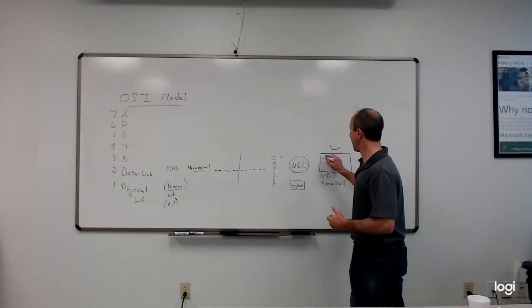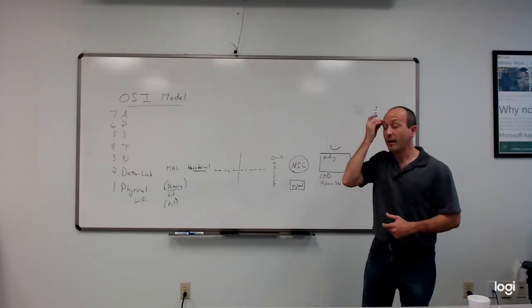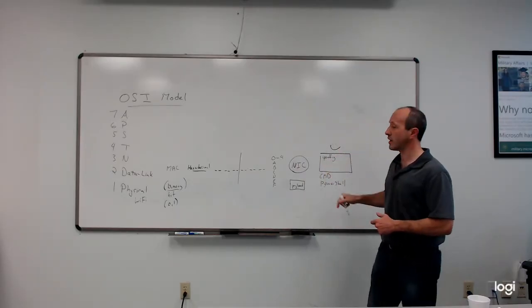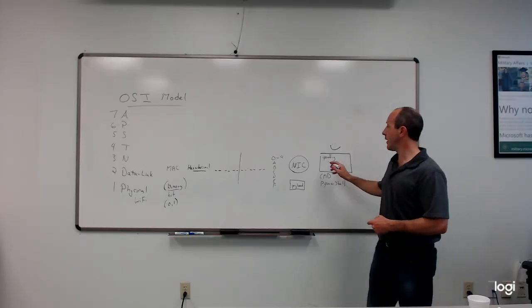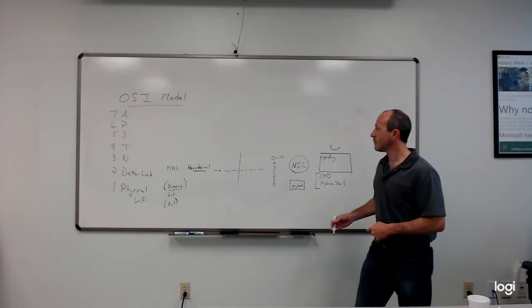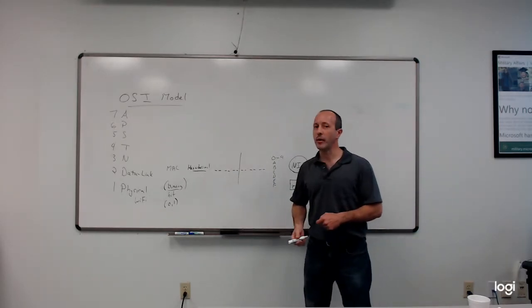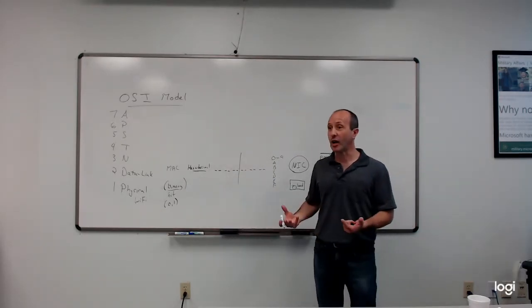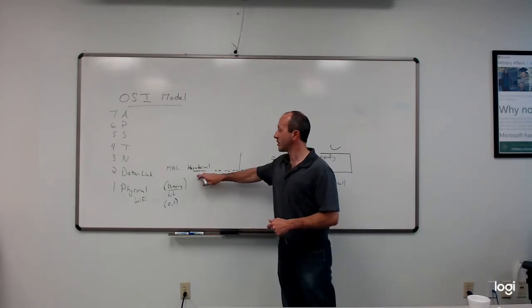It's called ipconfig. That's probably on the test. ipconfig. Type in that command at the prompt in either one of these interfaces, and you'll get a MAC address. You'll get other information, but you will get what's called the MAC address.